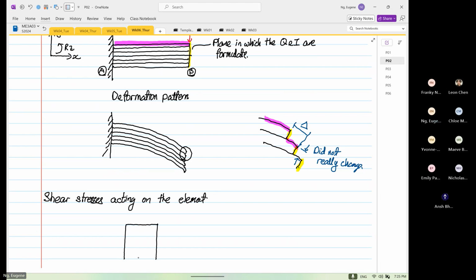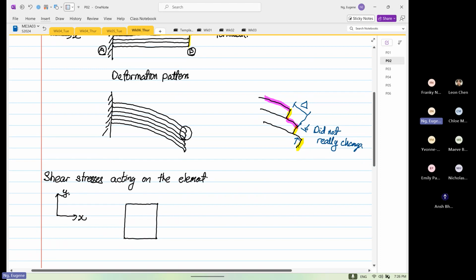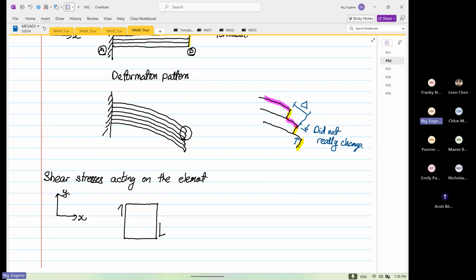okay, and our element, this is our X and this is our Y. Based on how the structure is loaded, we will have shearing stress acting in this direction. Okay.